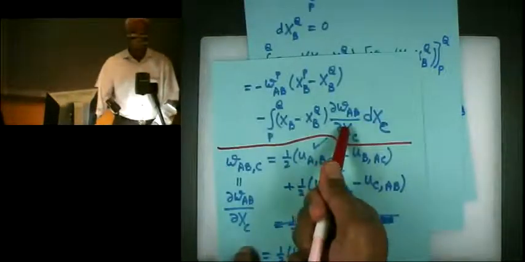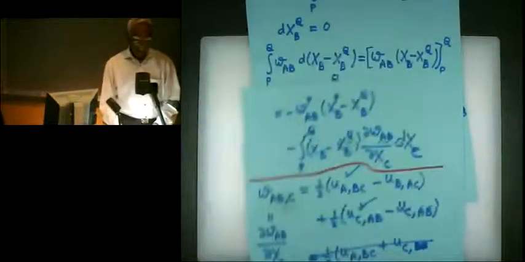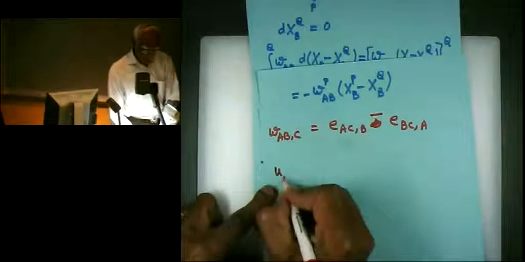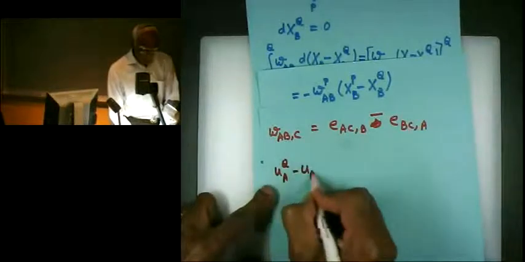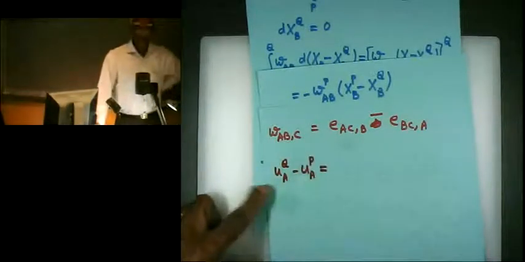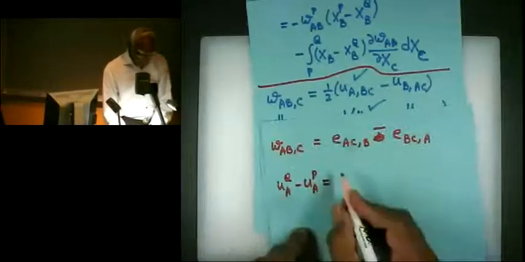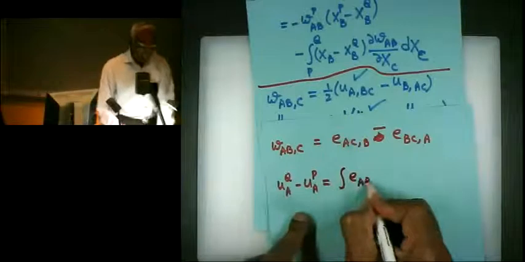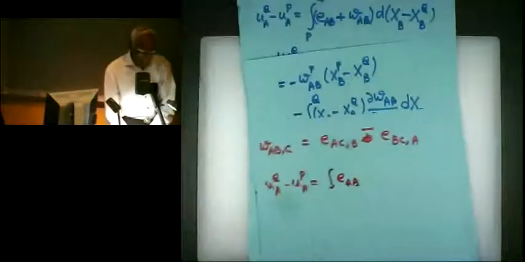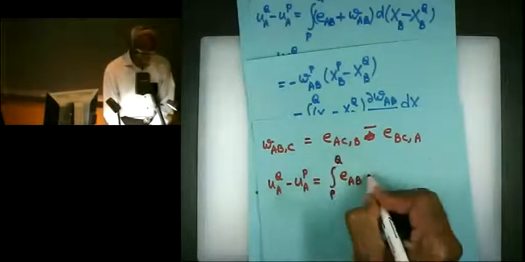So what is the end result? So we have U_A(Q) minus U_A(P) equals E_AB from P to Q dx^B.